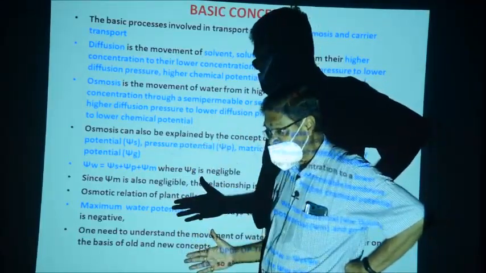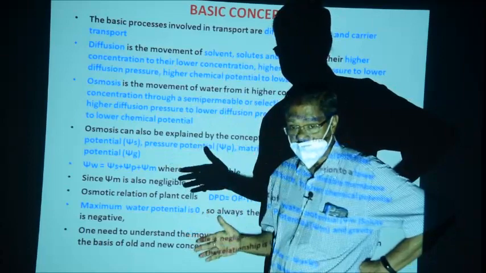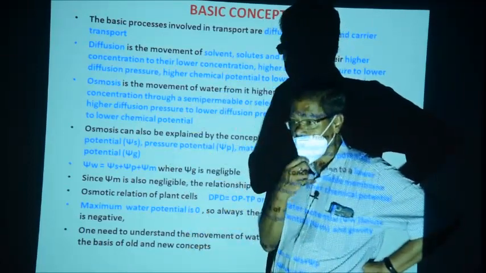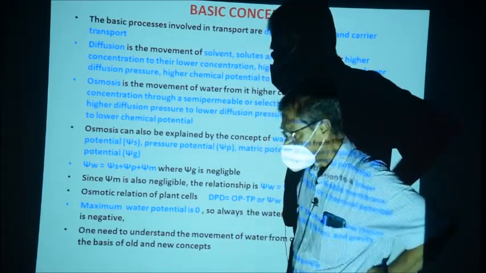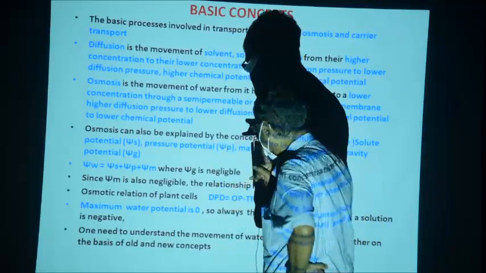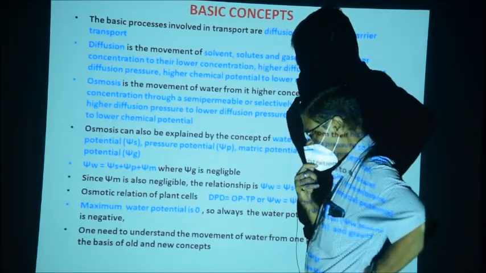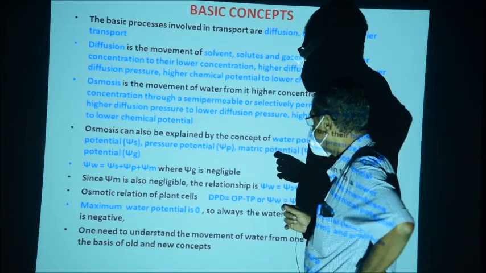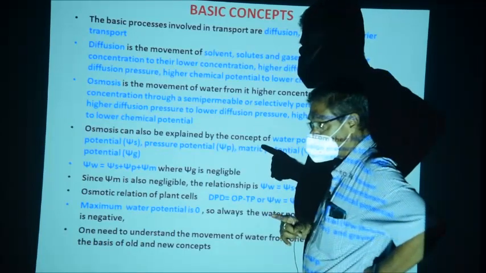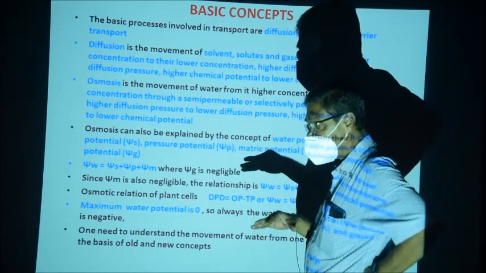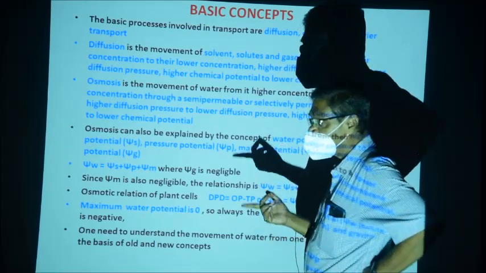The movement takes place from lower osmotic potential to higher osmotic potential, because the osmotic potential is dependent on the membrane, and the solvent is more if the concentration is less, and the solvent is less if the concentration is more.